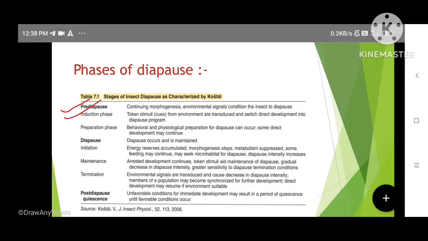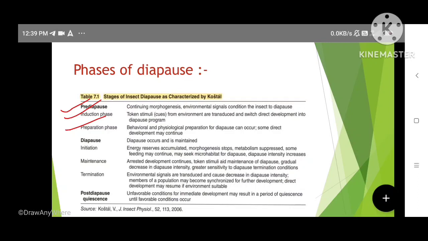Some parasitoids enter diapause when their host enters diapause, and they depend on the host endocrine system to terminate diapause. Sometimes the presence of a parasitoid in a host can cause the host to fail to enter diapause when it otherwise would have done so.